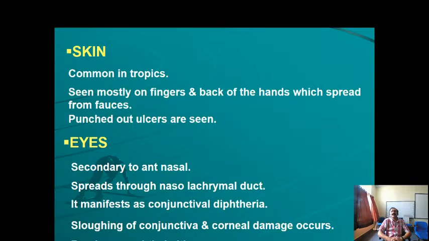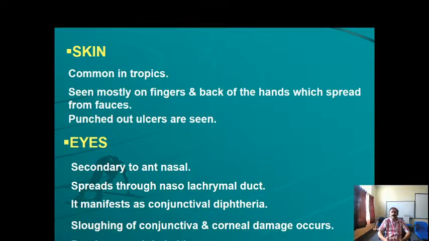The skin, which is common in our area, the tropics, mostly on the fingers and back of the hands, occurs when the patient uses his fingers possibly for cleaning his nose. That's how the fingers get infected with direct transmission of the infection, and you have punched out ulcers which will be formed.